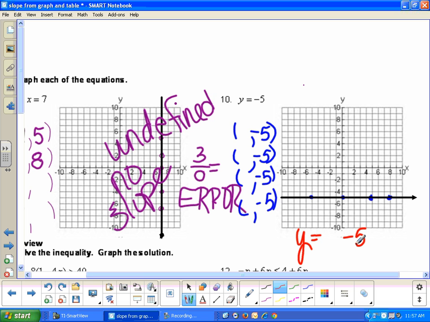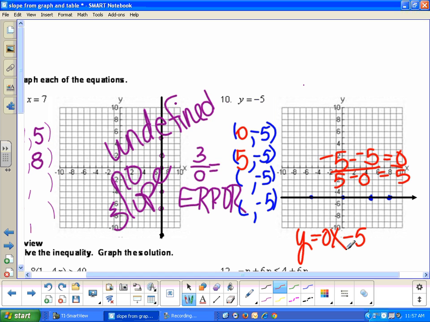What's our slope? What's -5 minus -5? 0. What's 5 minus 0? What's 0 divided by 5? 0. So slope is 0.